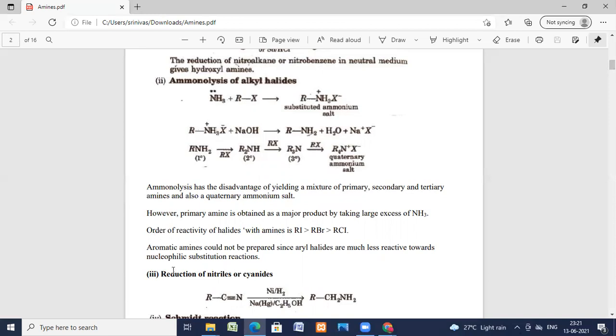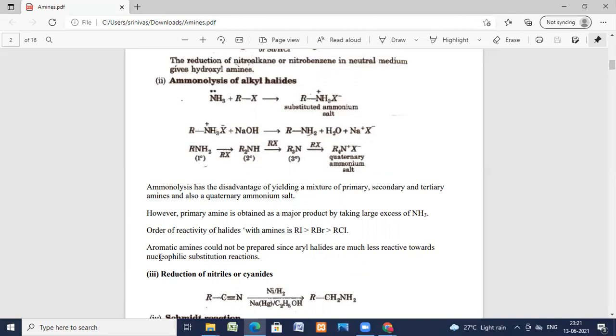The order of reactivity of halides with amines is RI greater than RBr greater than RCl. Now, aromatic amines cannot be prepared this way, since the aryl halides are much less reactive towards nucleophilic substitution.